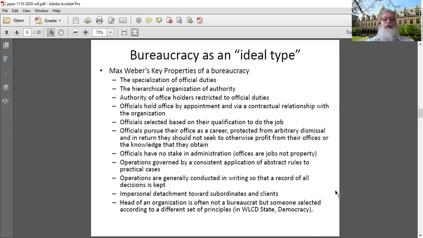The hierarchical organization of authority, right? In bureaucracies, there's a big pyramid. At the very top of the pyramid, because we're a democratic society, is an elected official who we call the minister in Canada. In other countries, they might be called secretaries. They might be directly elected members of parliament, or they might be, sorry, indirectly elected members of parliament. They might be directly elected to their jobs.